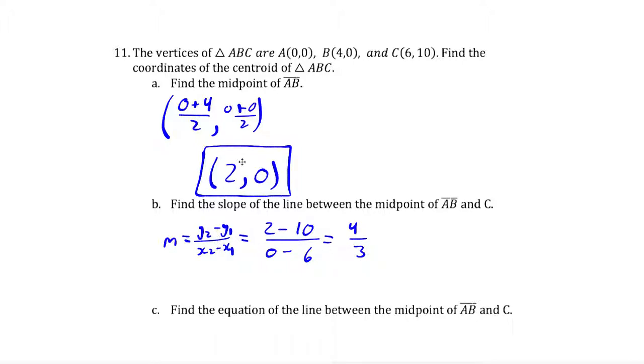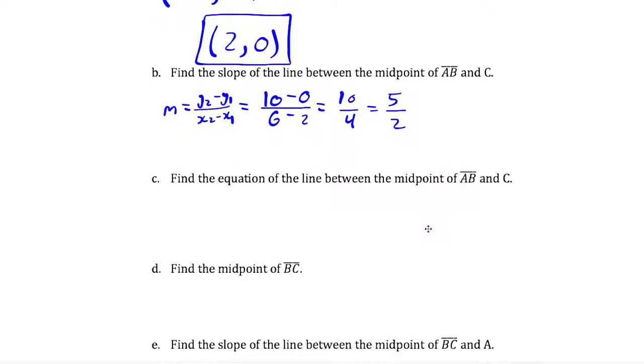Oh, you know what? Nope, sorry. I got my values mixed up there. The y values, so if I do C first, 10 and 6 minus 0 and 2. So this is 10 over 4, which reduces to 5 over 2. So that's the slope there.